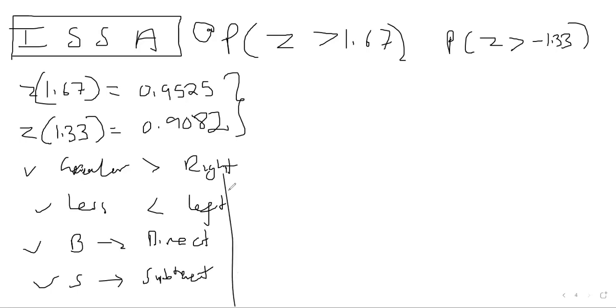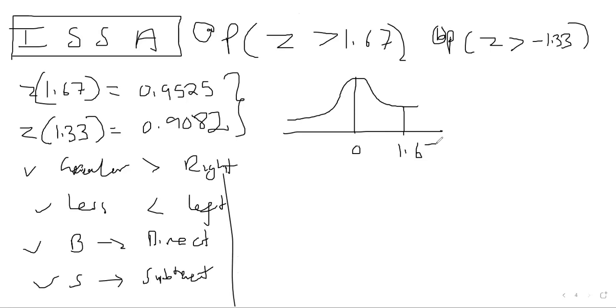So I'm going to now look at part A, and this is part B. So Z is greater than 1.67. So I'll go here, my 0 is there. Then 1.67 is there. It's a positive, so I'm putting it on the right side. Greater, what does greater mean? I'll shade to the right. So I'm going to shade this side here.